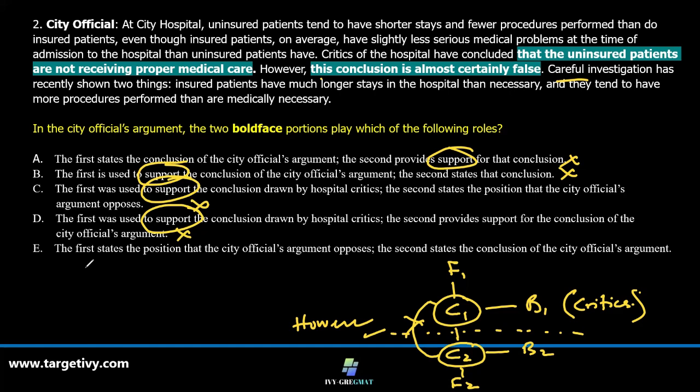Out. The first states the position of the city official's argument. The second states the conclusion. Position means the conclusion. Option E, correct answer. E is the correct answer.